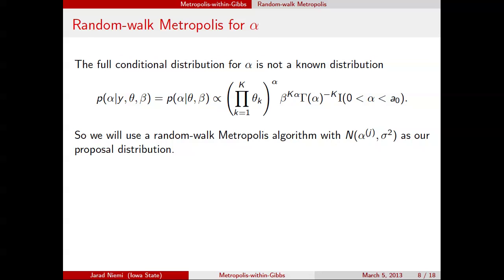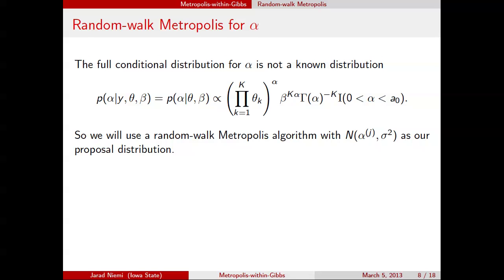All right, so I mentioned before that to sample alpha, we don't know the full conditional distribution, and so we're going to use a random walk Metropolis. Notice also that alpha is conditionally independent of y, given the thetas. Notice that this full conditional distribution has no y's in it whatsoever.